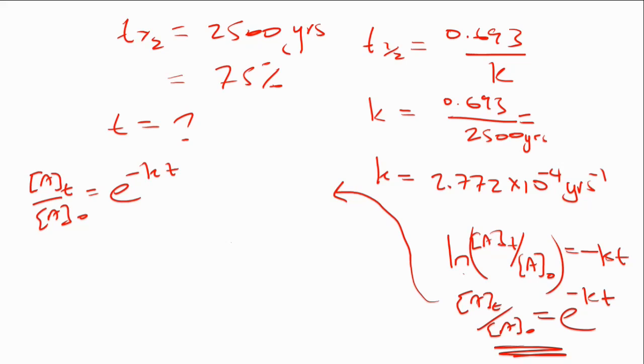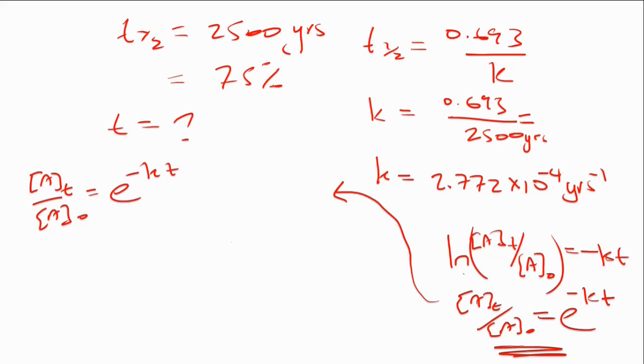All right, look at this part over here. A_t over A naught, right? The amount at some time later on versus the amount there initially. This is a percentage. It's not multiplied by 100, but it's a ratio of the amount that was there initially to the amount that is there now.